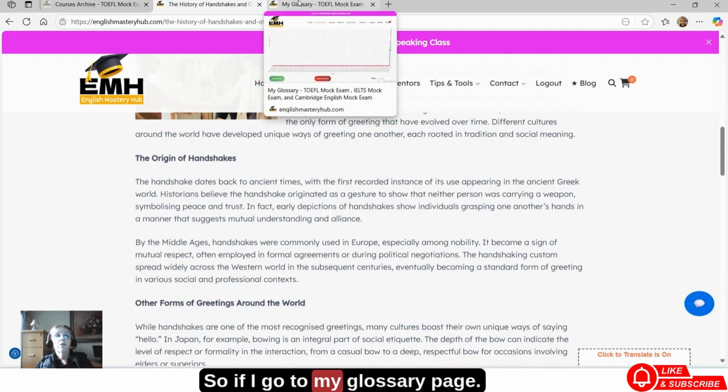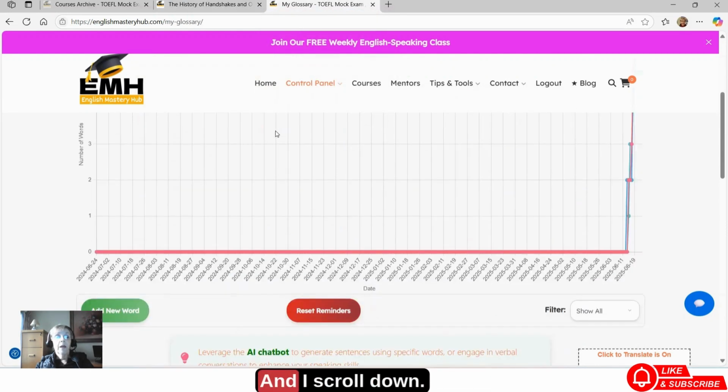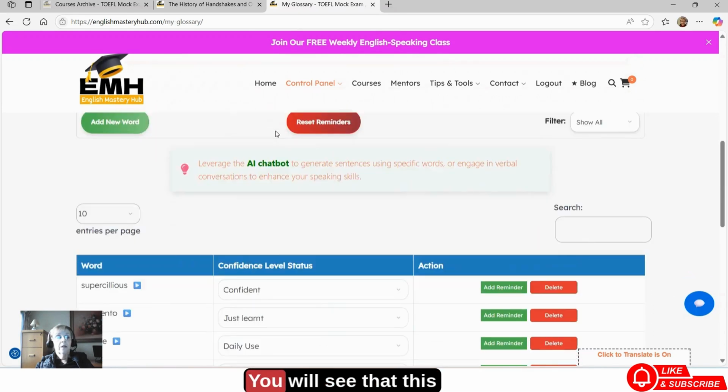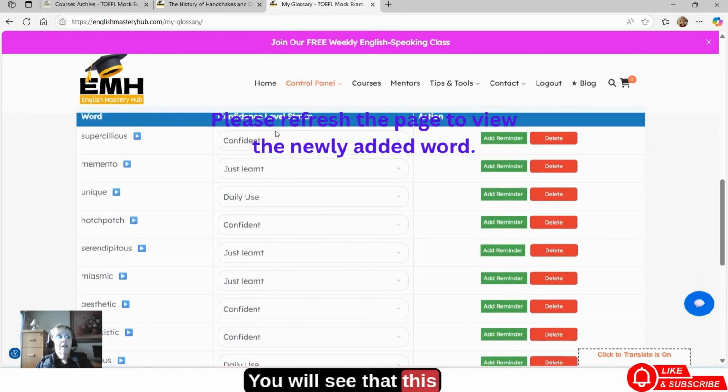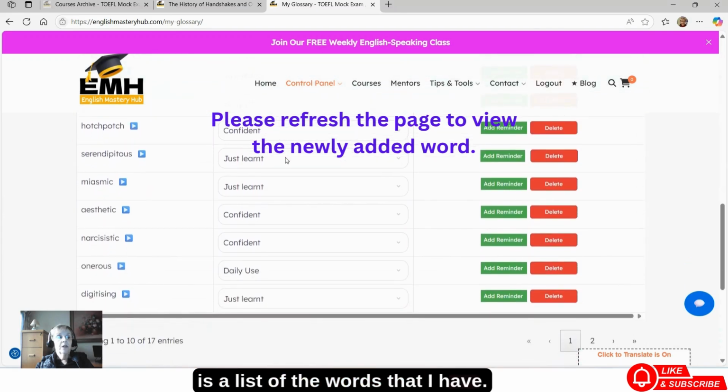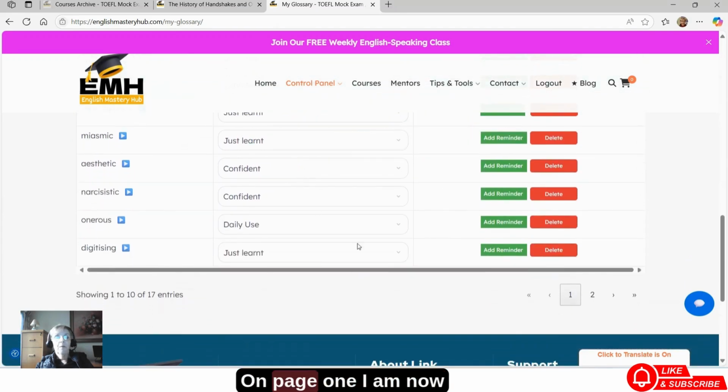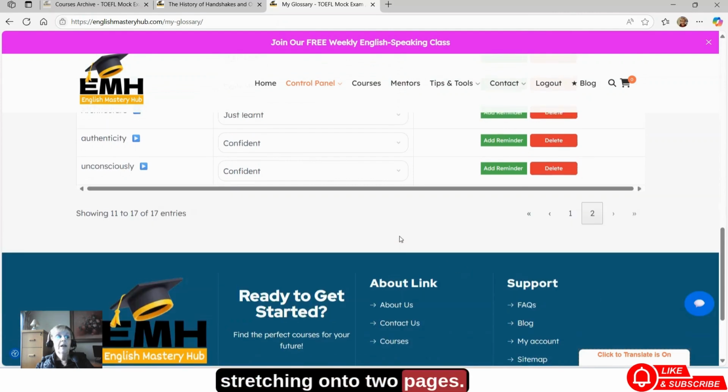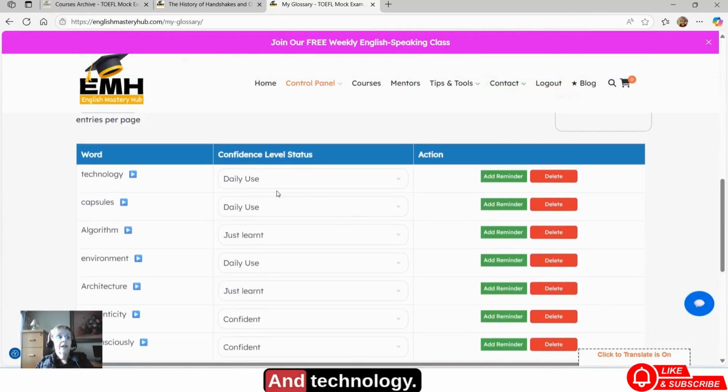So if I go to my glossary page and I scroll down, you will see that this is a list of the words that I have. On page 1, I am now stretching onto 2 pages, and technology, capsules, algorithm.